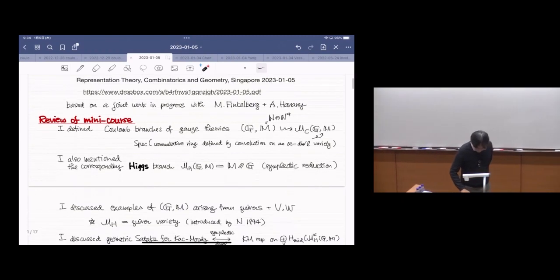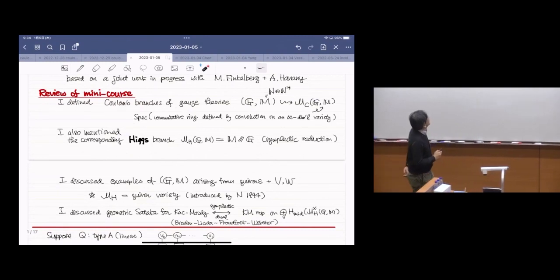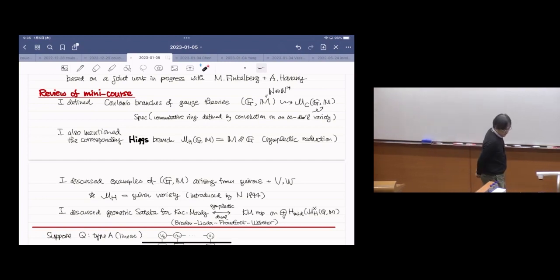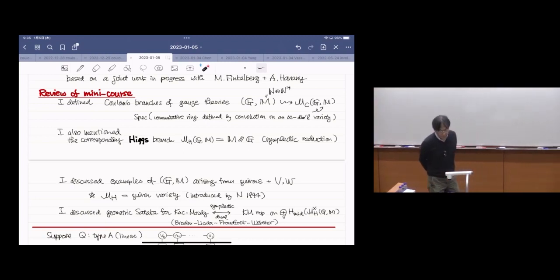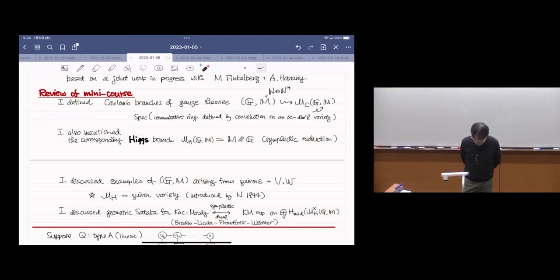And I also discussed examples last week. So those G and M which arise from quivers. You choose a quiver and you choose two graded vector spaces V and W, finite dimensional complex vector spaces, and from that you define G and M. This is exactly the same as Eric's talk yesterday.